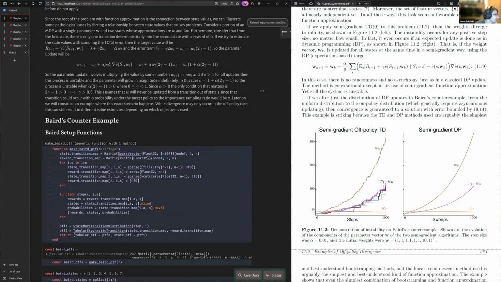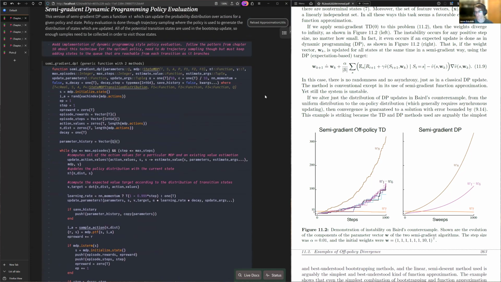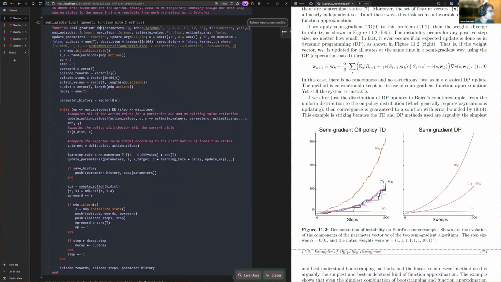But I did want to show here, if you think about doing dynamic programming and what we had done in other chapters, this function will do dynamic programming with some sort of function approximation where we have some policy function that we're trying to approximate, right?